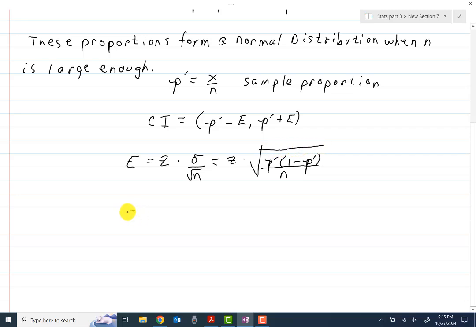Now, in practice, this will be somewhat complicated for your calculator to do, so let me show you a couple things. I'm going to rewrite this in the following format. Z times, this is probably the way you'll want to enter it into your calculator. Now, your calculator may or may not allow the containment bar to grow as you type it in.